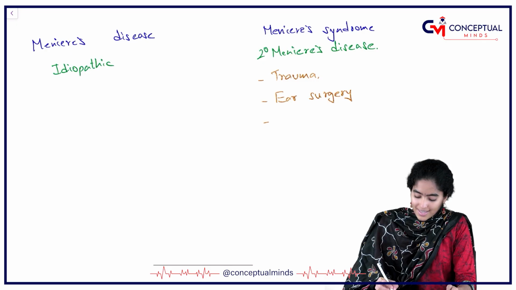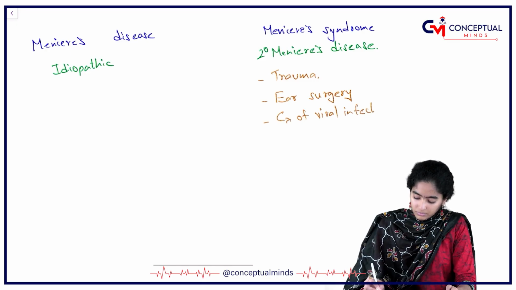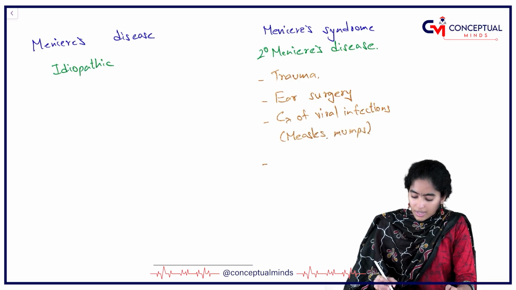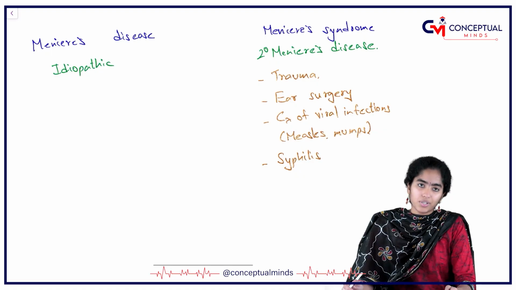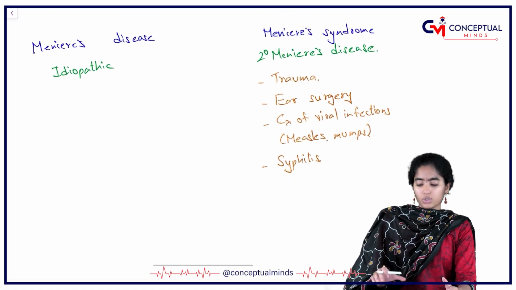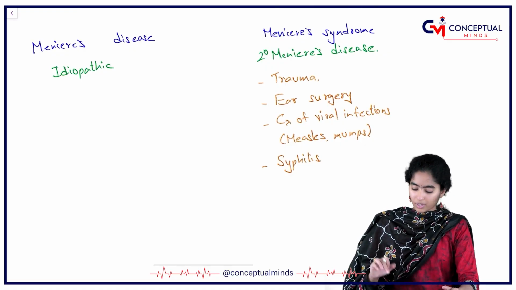And even as a complication of some viral infections like measles or mumps. And sometimes it can occur following syphilis also, either congenital syphilis or acquired syphilis. So, when a known cause is present, it's called Meniere's syndrome.